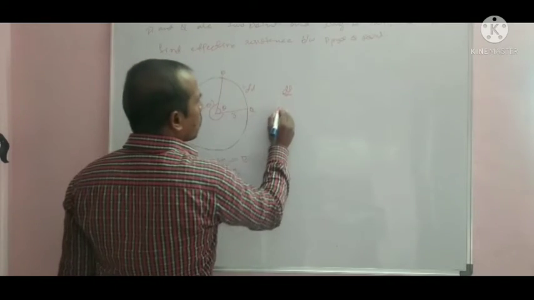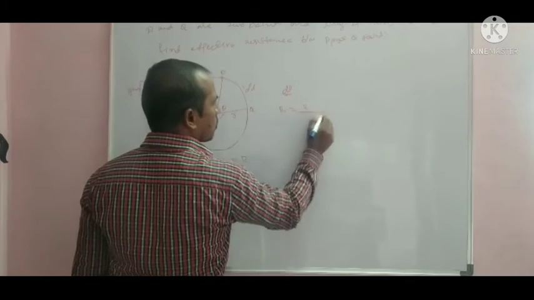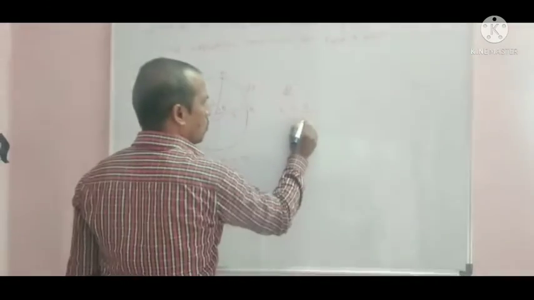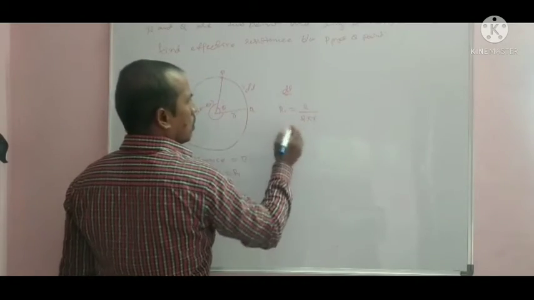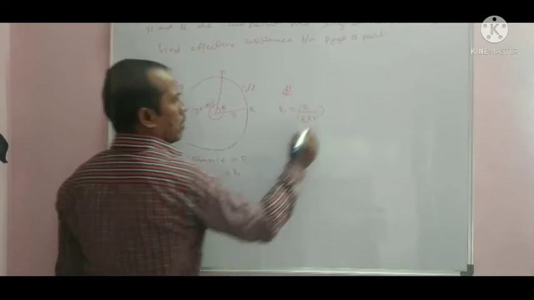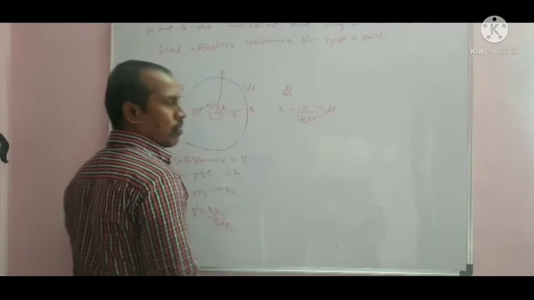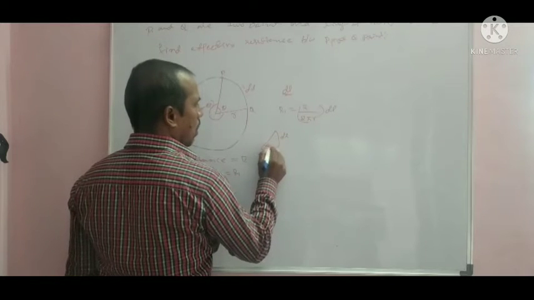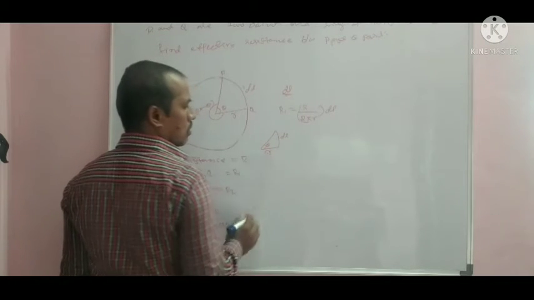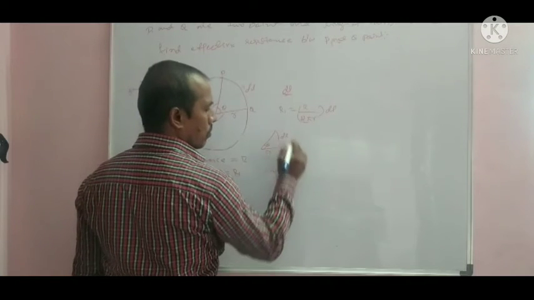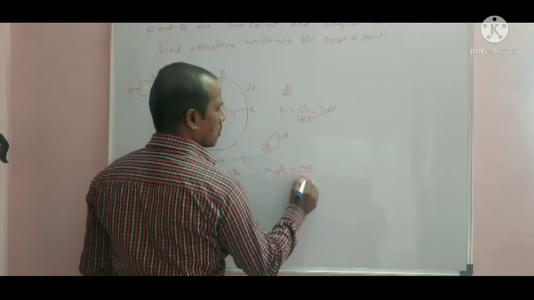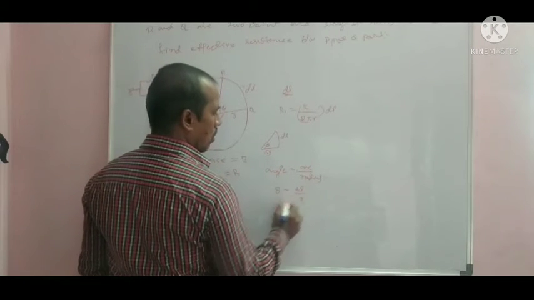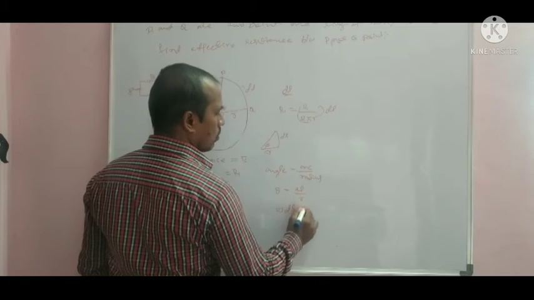R1 is equal to the total resistance R by the circumference of the ring, 2 pi r, into the small element dl. But this dl is an arc, and this is angle theta with radius r. Angle is equal to arc by radius, so theta is equal to dl by r, which implies dl is equal to r theta.